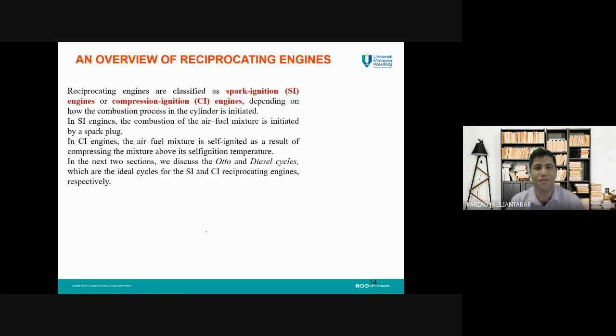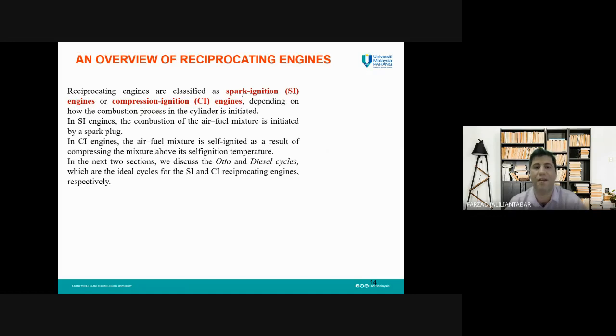The other classification for reciprocating engines is based on how the combustion starts, or how fuel and air are mixed and start combustion.